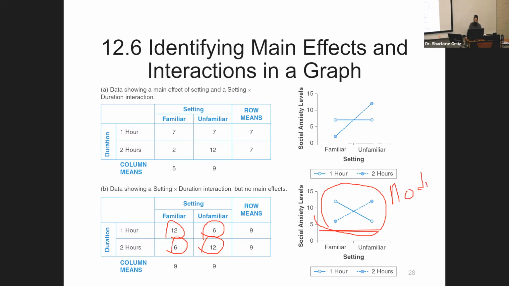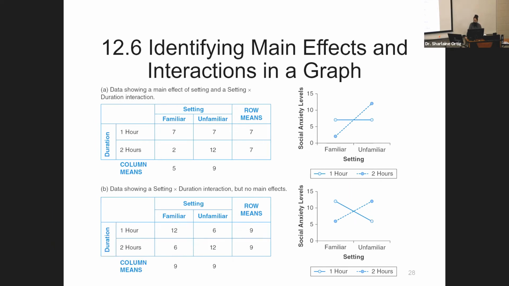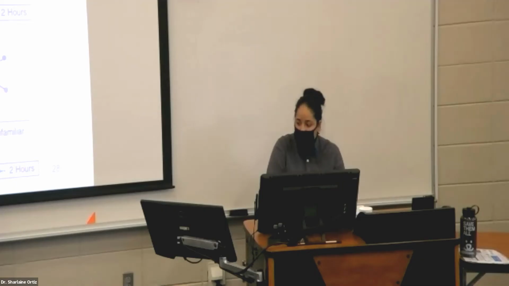Therefore, because there was no difference, we are going to assume that there was no impact on those main factors, that the main factors by themselves did not become contributors of that change in anxiety, but rather the combination and the interaction between levels. So any questions about that?